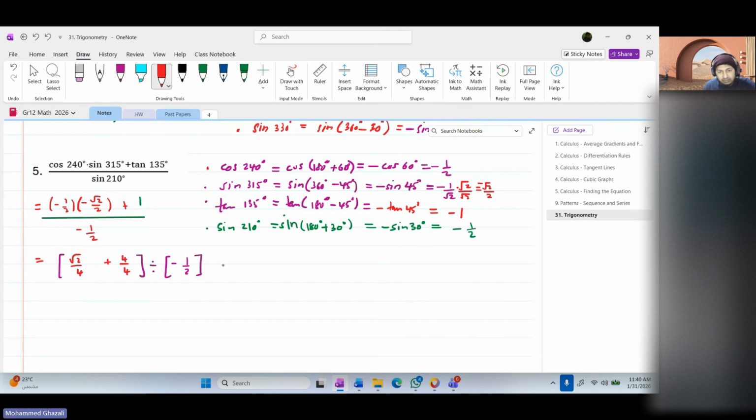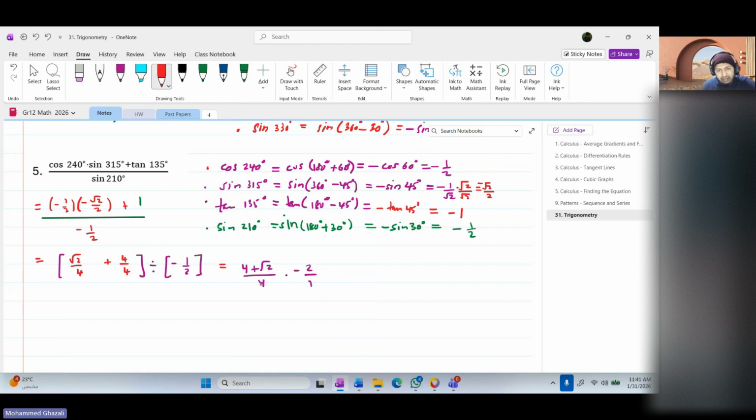And remember what we are doing, we're dividing it by negative half. So we just need to do basic algebra. Sorry, we are adding, so we're adding those two, right? So 4 plus root 2 divided by 4 times 2 over 1, because you're flipping that, keeping that negative there.